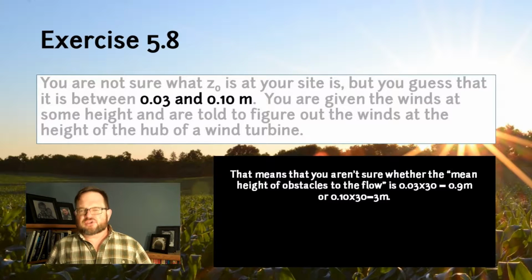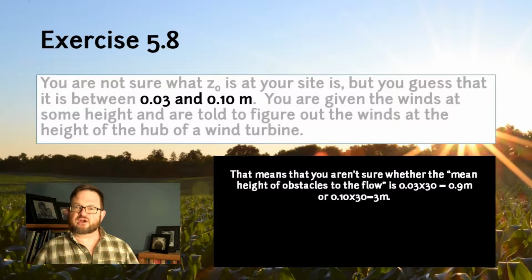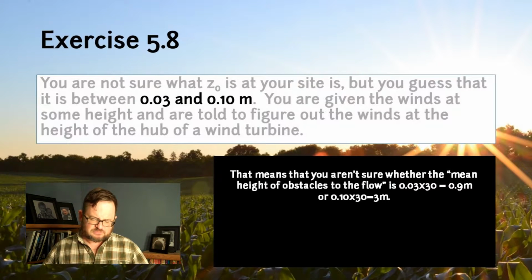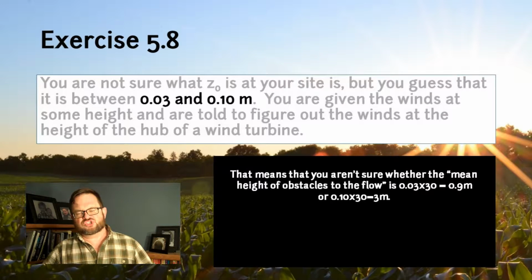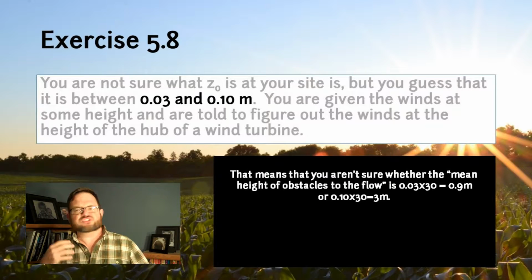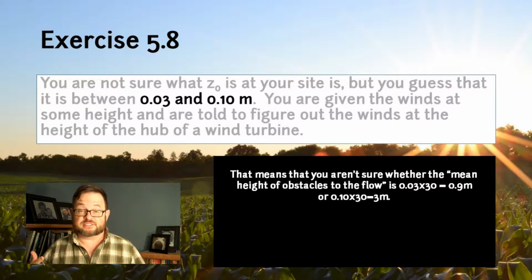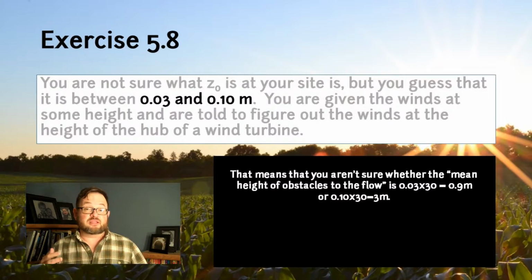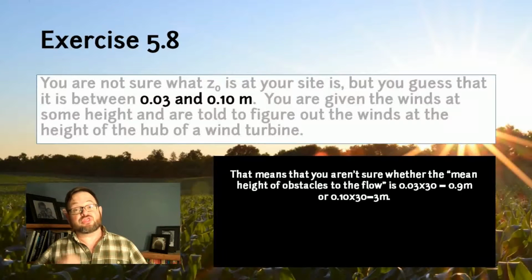Now, let's take this problem apart because it's not entirely obvious how you're supposed to solve something like this. First off, what is this business of this range of estimates of the aerodynamic roughness length? They're saying, I don't know what the aerodynamic roughness length of this location is yet. We know that there's this rule of thumb for aerodynamic roughness length, namely that it should be about 1/30th of the average height of obstacles to the flow.